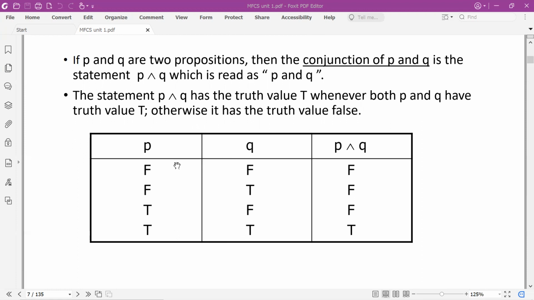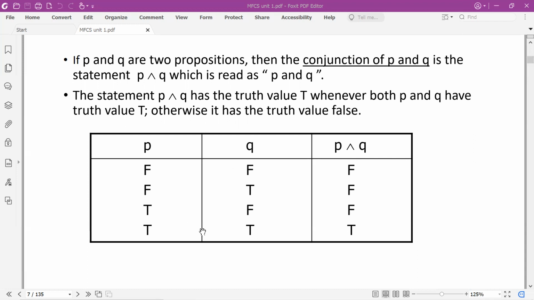So when P is false and Q is also false, P ∧ Q will also be false. For P ∧ Q to be true, both P and Q have to be true. So if P is false, Q is true, then also it will be false. If P is true, Q is false, then also P ∧ Q will be false.